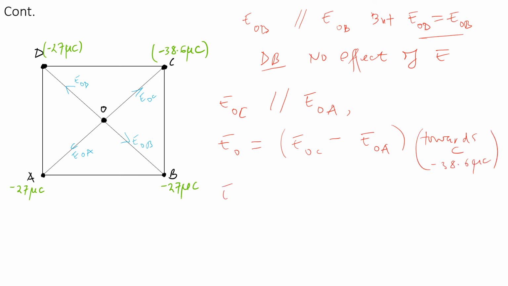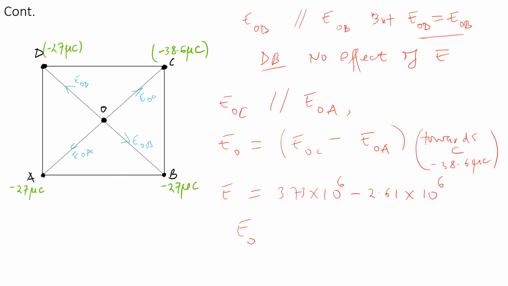So if we feed in the values, we shall get, let's see, EOC was 3.73 times 10 to power 6 minus EOA, 2.61 times 10 to power 6.